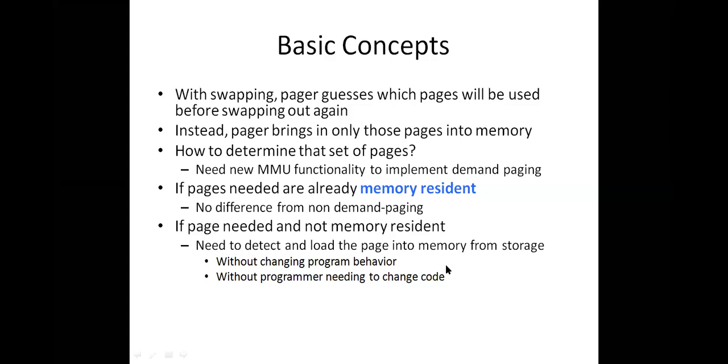Whenever you are moving a page from secondary memory to main memory, these things are not known to the user. I already told you many times what the user thinks when the program is under execution. The user might think that my entire program is in main memory, and that is why my program is executed by the CPU.